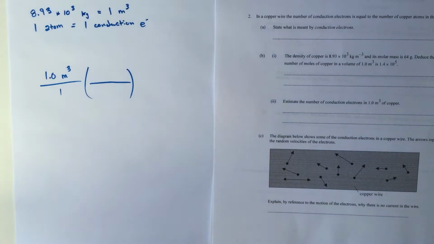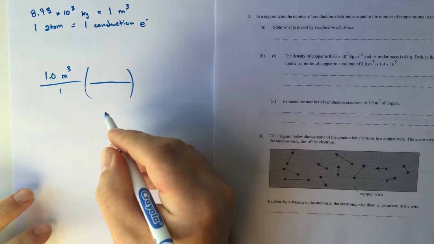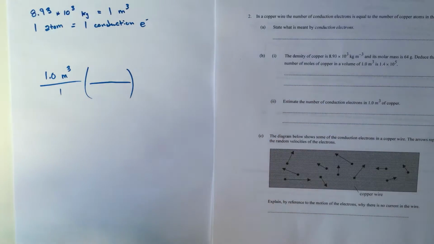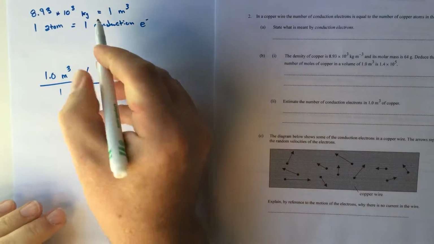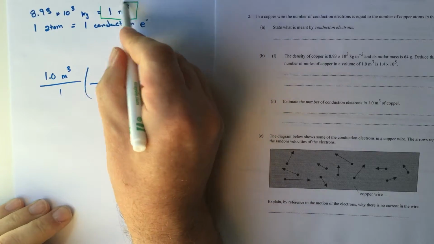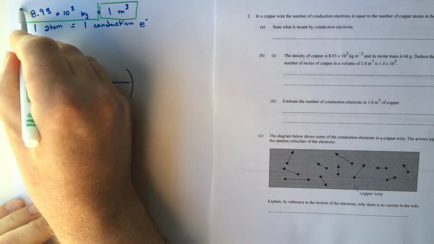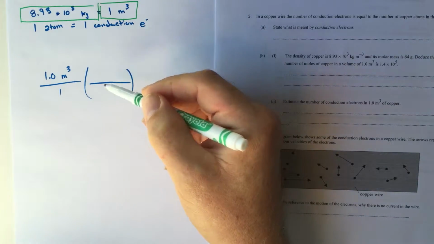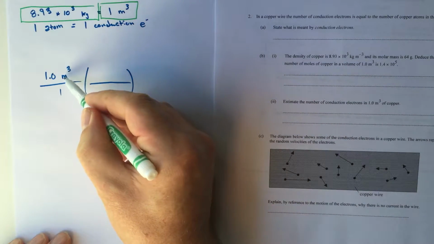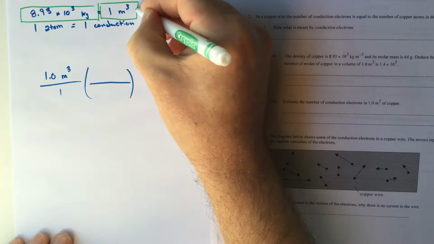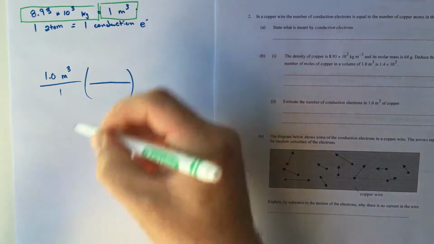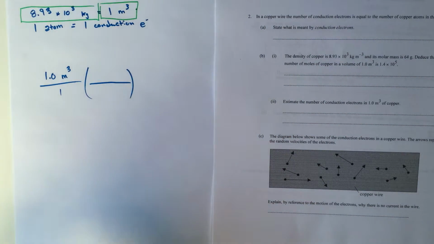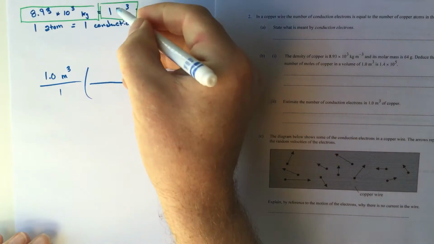All right. If I want to put half of this equality on the top and half of it on the bottom of my fraction so that I have the top and the bottom are equal, and I want to cancel out this cubic meter, I'm going to put this side on the bottom. So I'm going to have from these green boxes, I guess, 1 cubic meter.